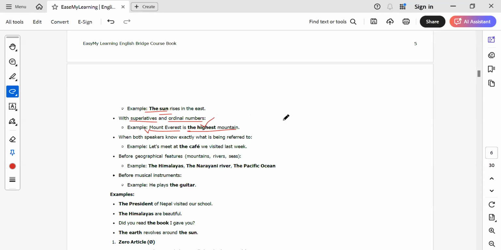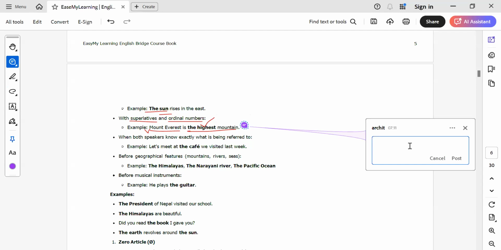Suppose we don't talk about Mount Everest. We talk about another mountain. For example, we talk about K2, which is the second highest mountain in the world. So what will we use in that case? We can say K2 is the second highest mountain in the world.